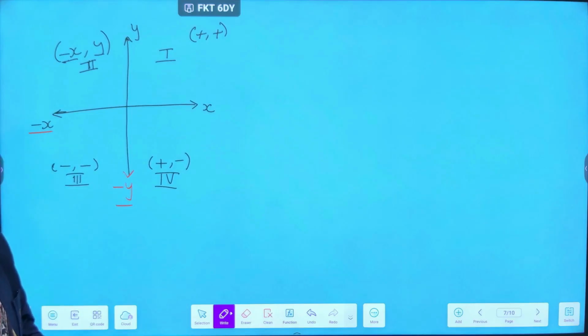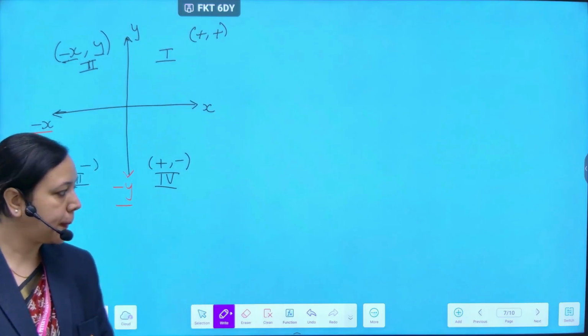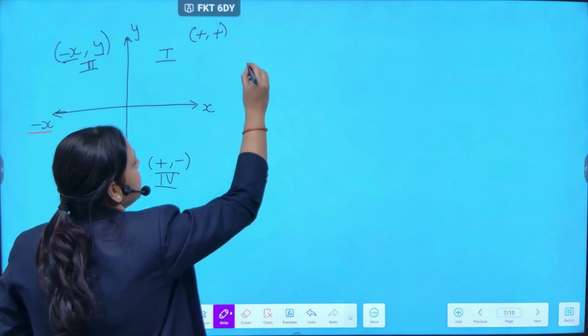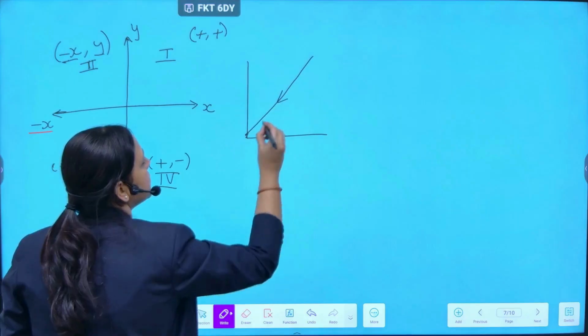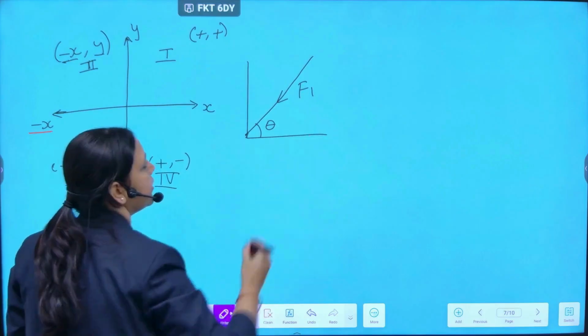Okay, so this will give us a complete idea of resolution of forces. Whenever a force is inclined with some angle theta, we call it F1.